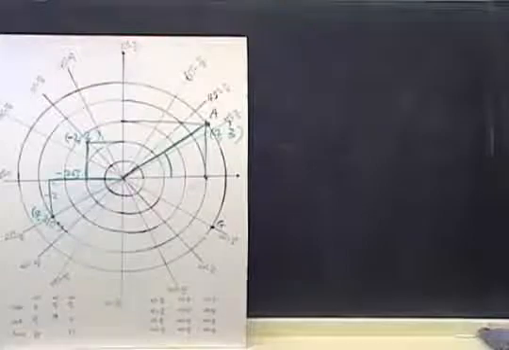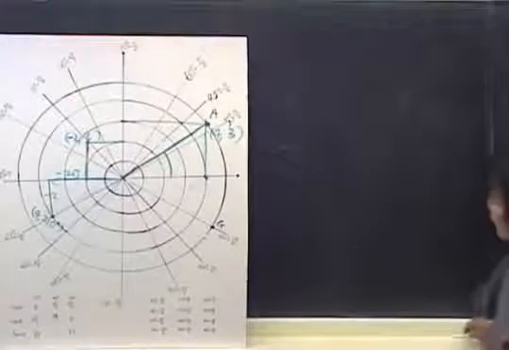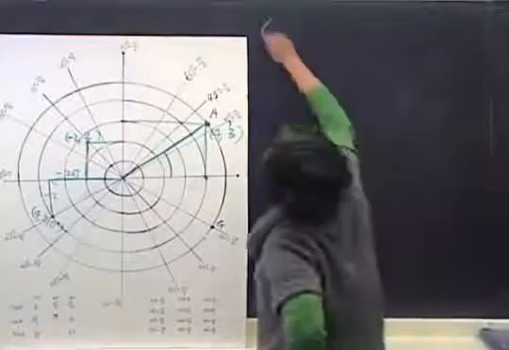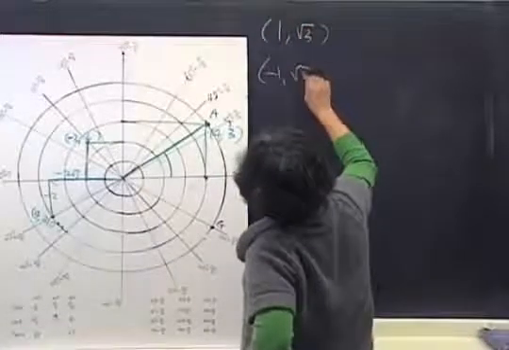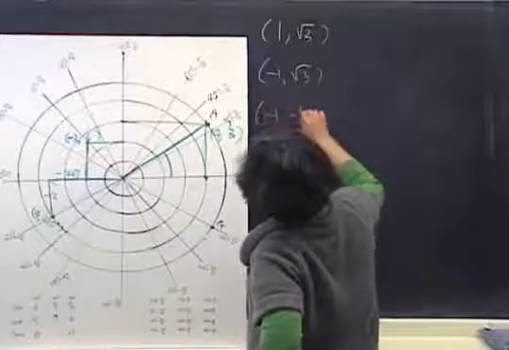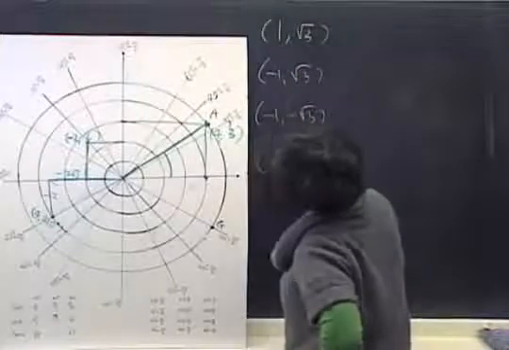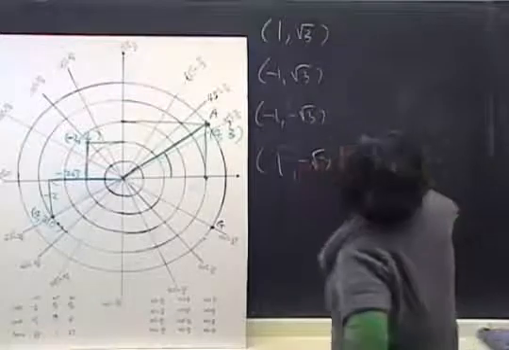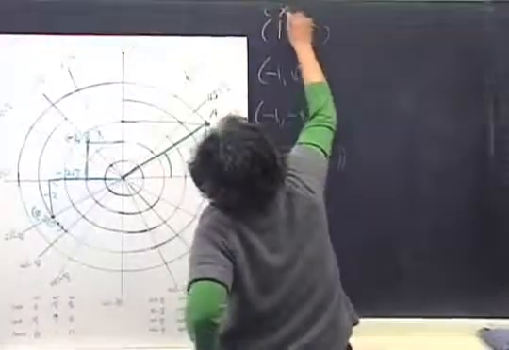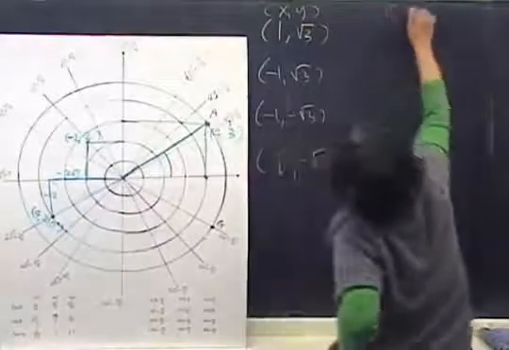Okay, here I wanted to discuss the points. If I have (1, √3), (-1, √3), (-1, -√3), and (1, -√3), each is x, y. I want to make it into r, theta.